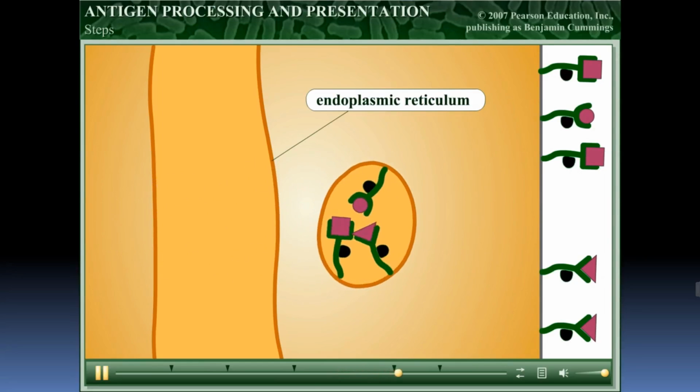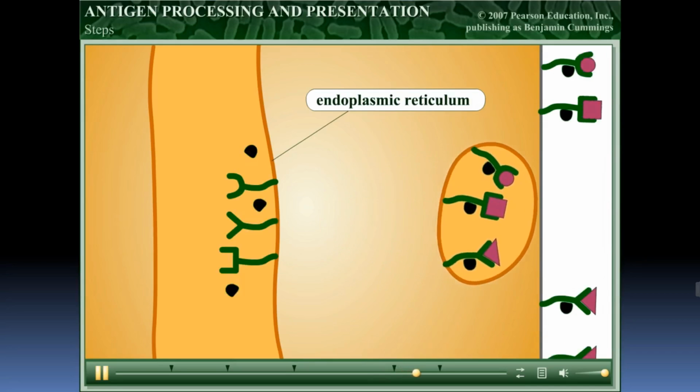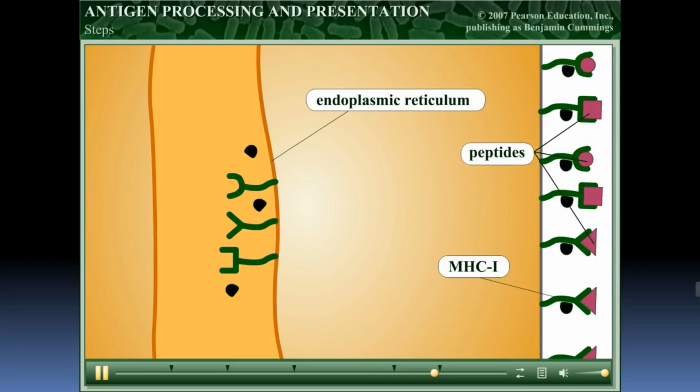Vesicles containing the MHC peptide complexes travel through the cytosol to the cytoplasmic membrane, delivering the complexes to the exterior of the cell. If this cell is functioning normally, the immune system cells will simply ignore this presentation. However, if the cell is infected and thus presenting viral proteins, the immune system cells can notice the problem and take action.